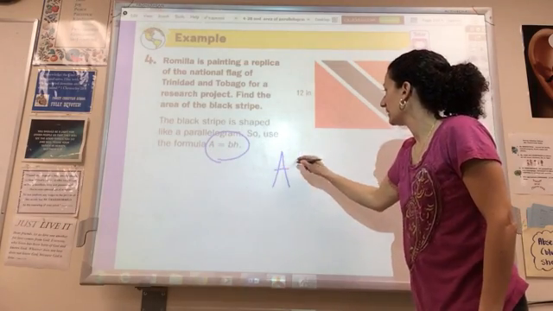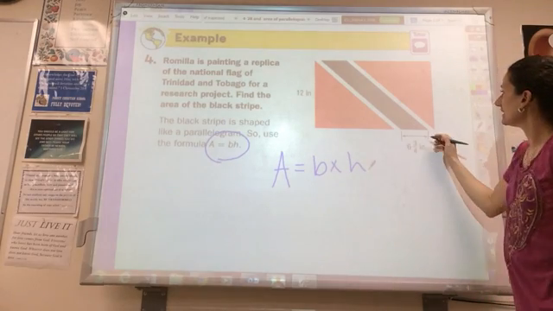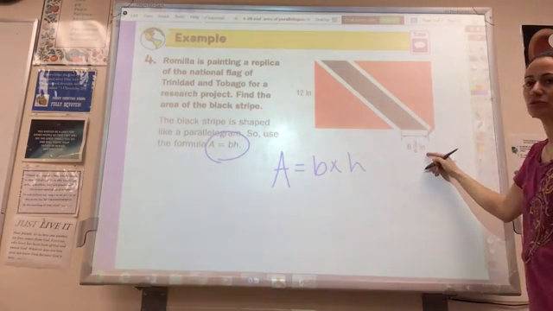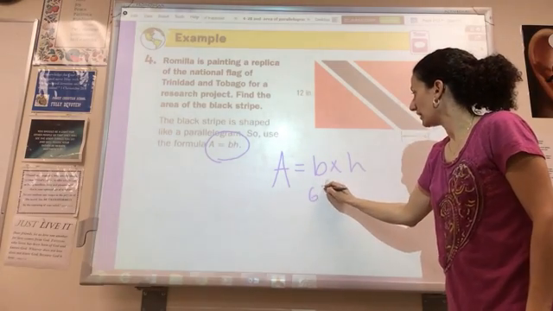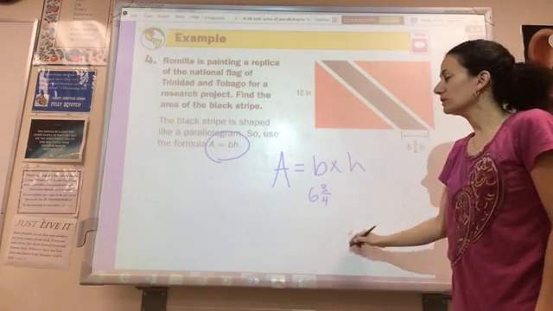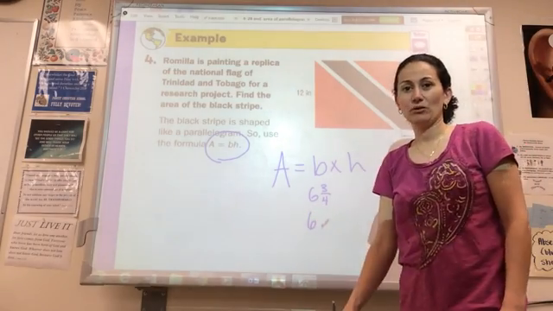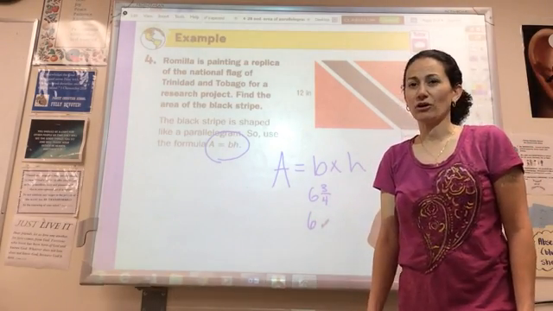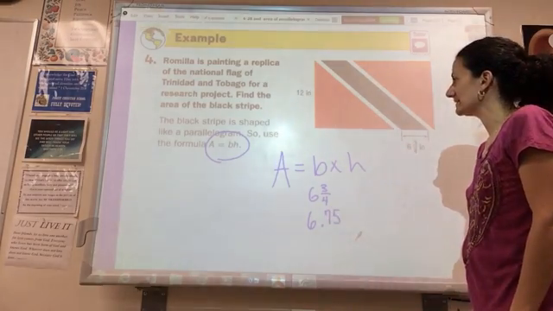To find the area, we're going to multiply the base by the height. And it's telling us here that our base is 6 3/4 inches. I could keep that as a fraction, 6 3/4, or I could change it to a decimal. 3/4 is 0.75, like 75 cents.